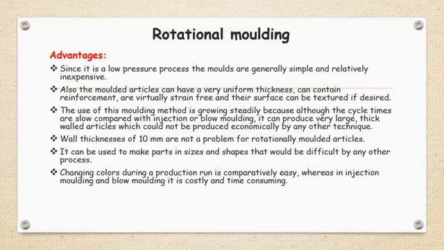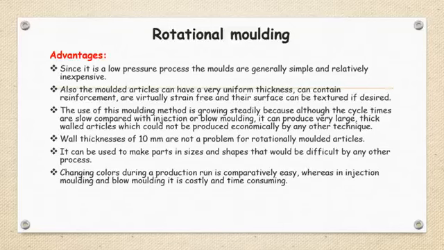The use of this molding method is growing steadily because, although cycle times are slow compared to injection, blow or extrusion molding, it can produce very large, thick walled articles which could not be produced economically by any other technique, isn't it?